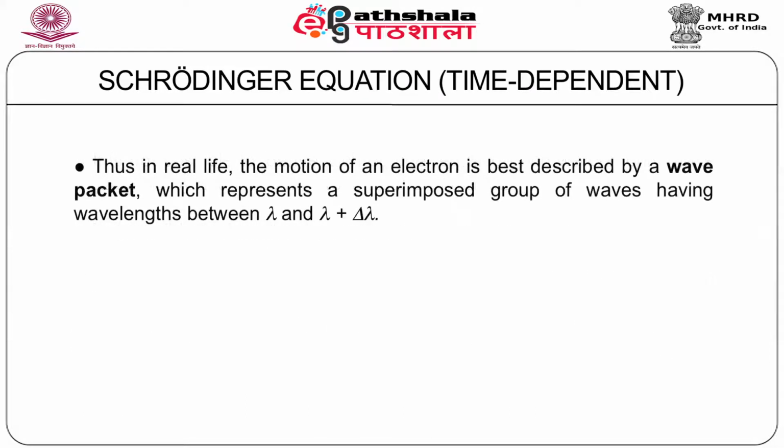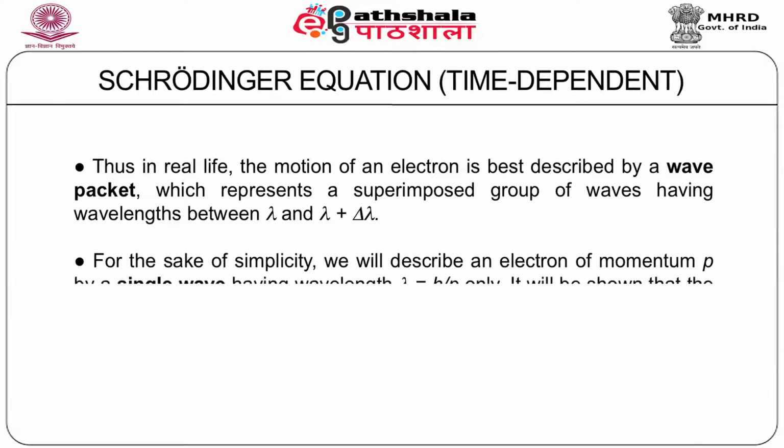So in real life, the motion of an electron is best described by a wave packet, which represents a superimposed group of waves having wavelengths between lambda and lambda plus delta lambda, where delta lambda is the spread in the wavelength, and the particle velocity actually coincides with the group velocity.